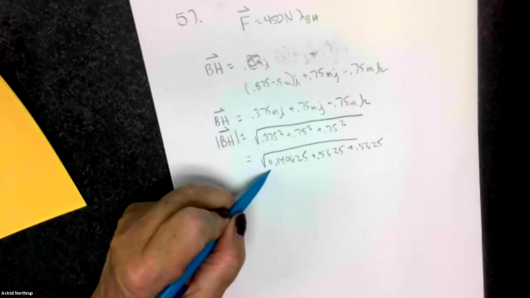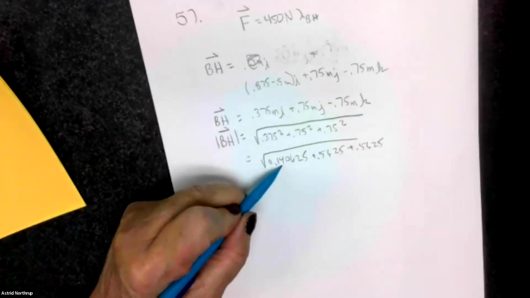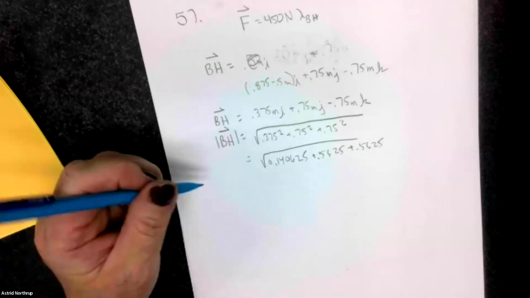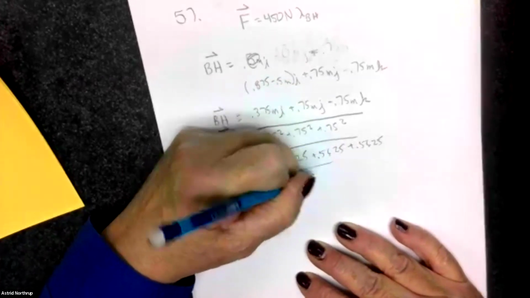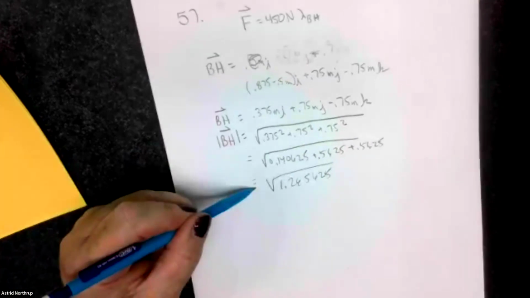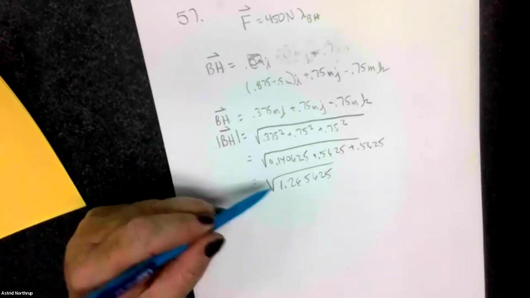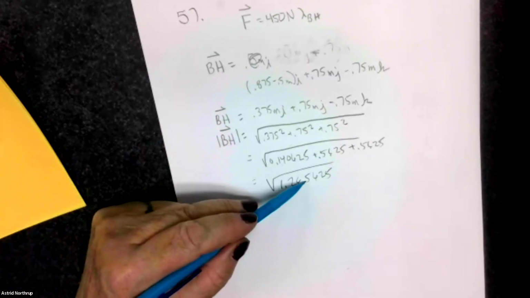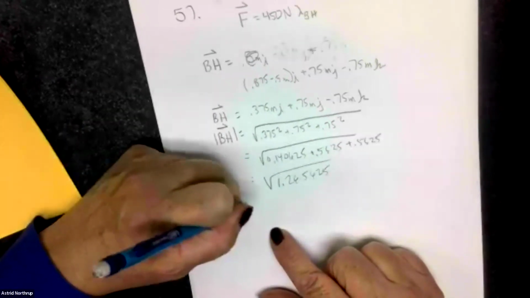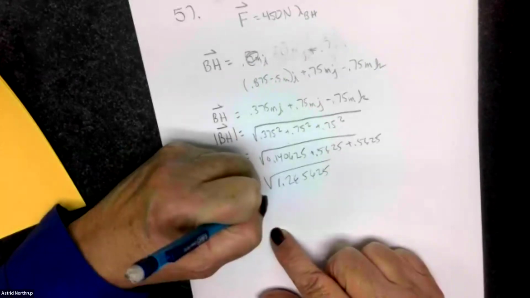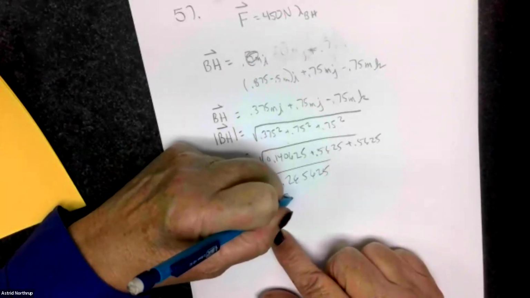And then if I add to that, we're going to get a total of 1.265625. And if I take the square root of that, the length of B sub H then is 1.125 meters.